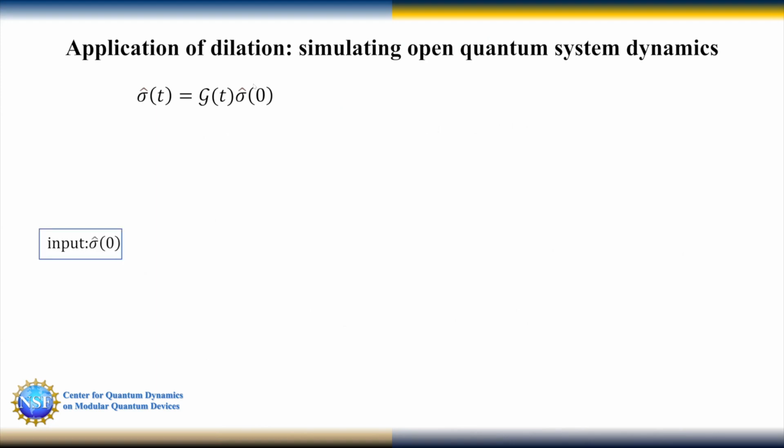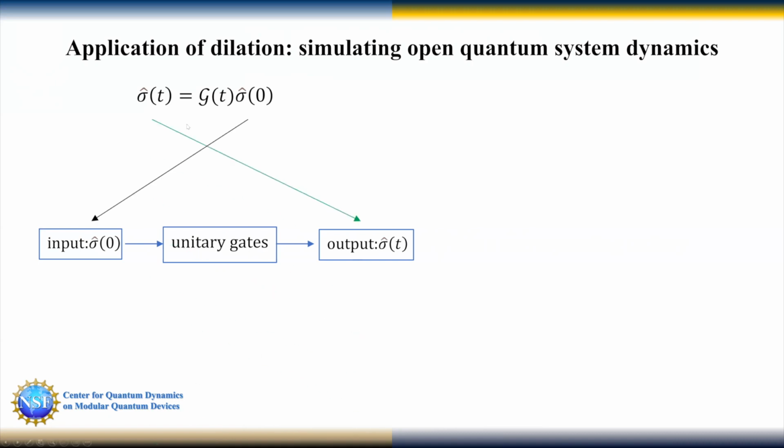On a quantum circuit, sigma 0 will be our input, and we use unitary gates, or quantum gates, to apply these propagators, and we do the measurement to retrieve sigma t, which is the dynamics of our system. It's very easy to draw a one-to-one relation between sigma t and sigma 0.